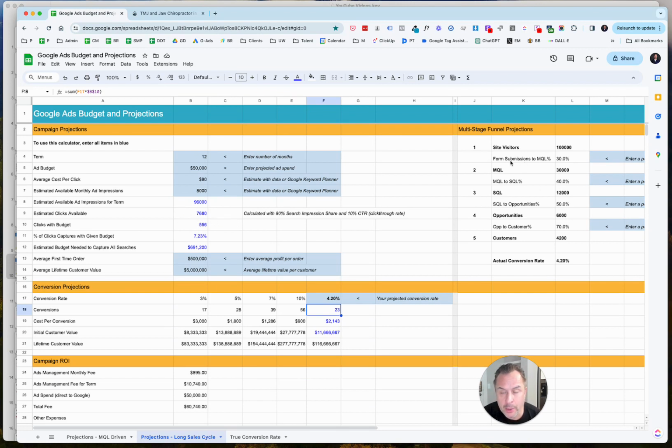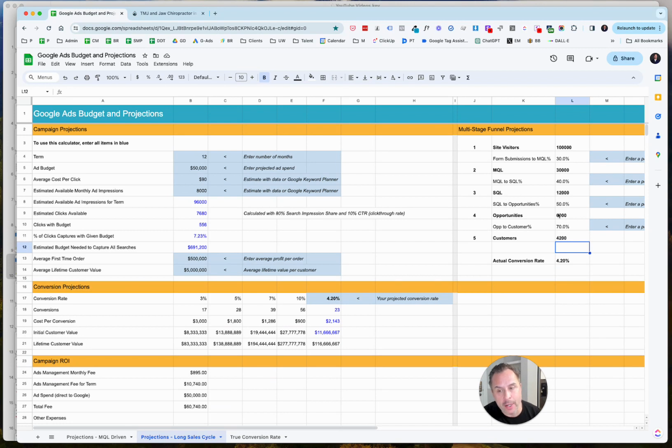Then we do an estimate on the actual conversion rate, a multi-stage estimate, because again, it's not just Google Ads, it's what happens to the leads once they come into your practice and whoever's handling those phone calls. So it depends on the company. This is very multi-stage, but with chiropractic it's more like 2 stages really, so it wouldn't be as detailed as this.